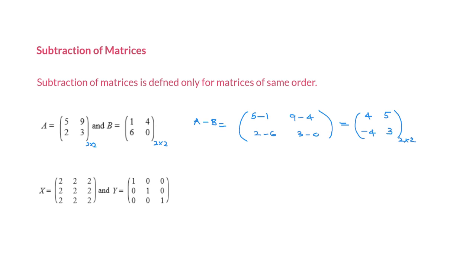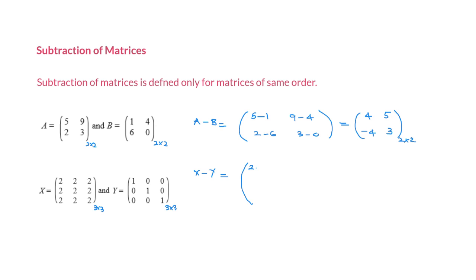Another example. X equals 2, 2, 2, 2, 2, 2, 2, 2, 2, all 2's there. And Y equals 1, 0, 0, 0, 1, 0, 0, 0, 1. This is the identity matrix. X minus Y, what is that? This is 3 by 3 and this is also 3 by 3. They are of the same order. We can subtract.